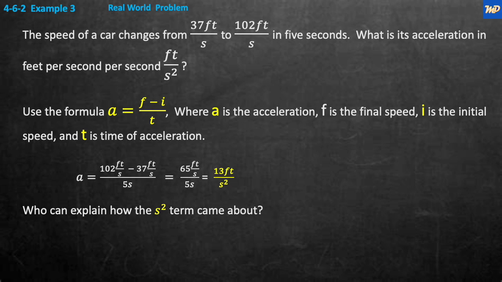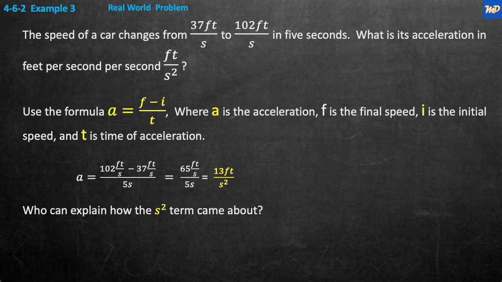The units must stay with the numbers. In fact, keeping the units with the numbers in these story problems is important, because then, hopefully if you do the units correctly, you can help to determine if you did the problem correctly. So the final result for this is 13 feet per second squared.